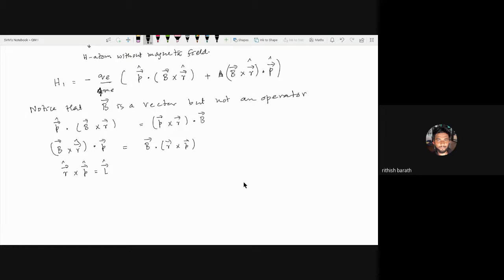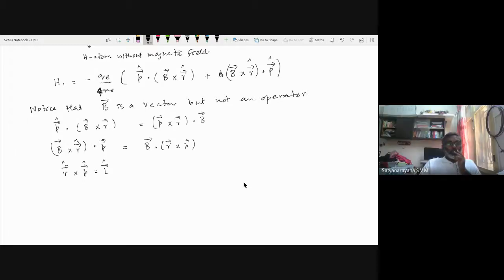P dot B cross R should be B dot P cross R. That is what vector algebra tells. This is a triple product, so in any order you can write it, but the only thing is you should not interchange P and R.